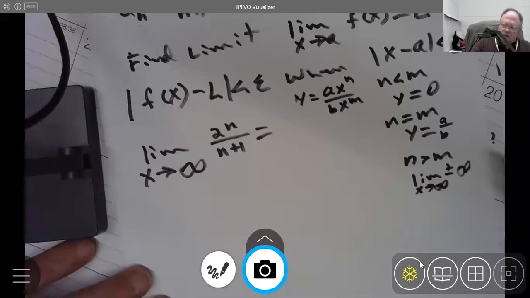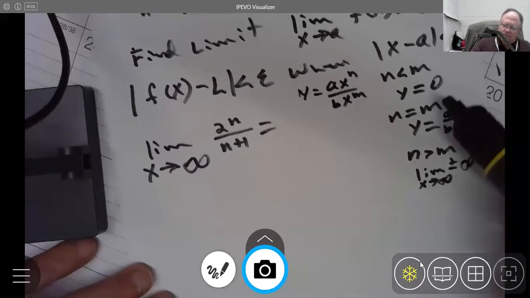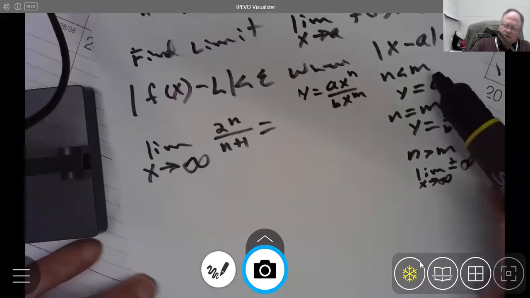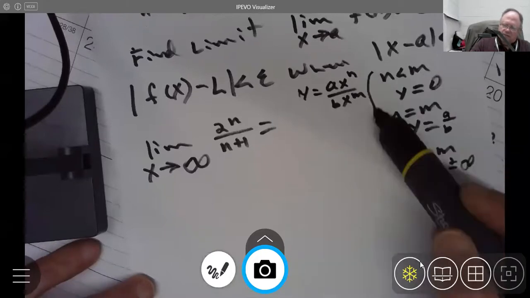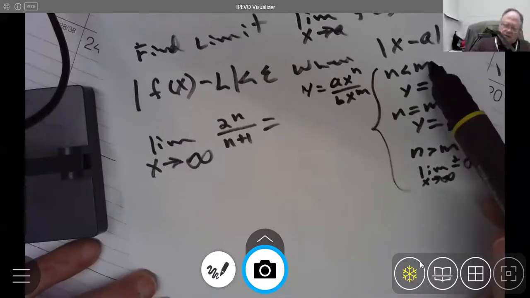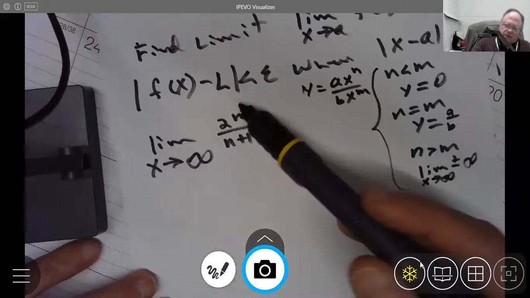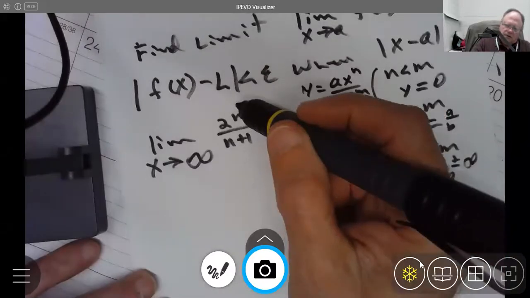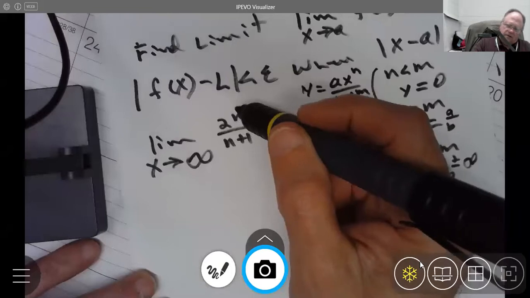So which one of the three does this apply to? When we talk about the degree of the numerator, we're talking about the exponent. What's the exponent here for n? 1.